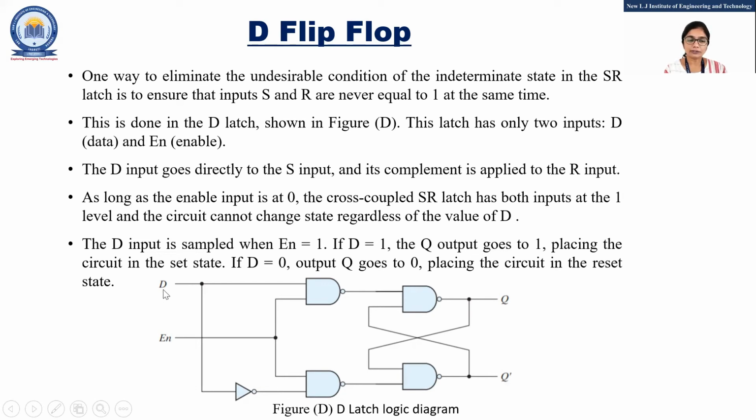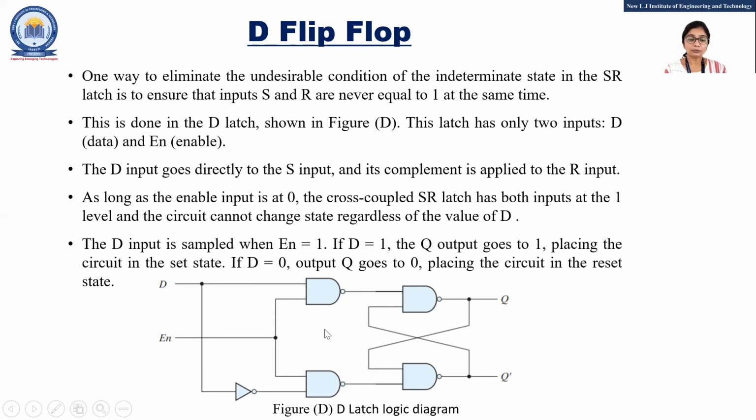Similarly, if the enable input is 0 and D is 0, there is no change in the output state. But whenever this enable input is 1, and suppose D is also 1, then the Q output goes to 1. Simply, it will pass this input here.